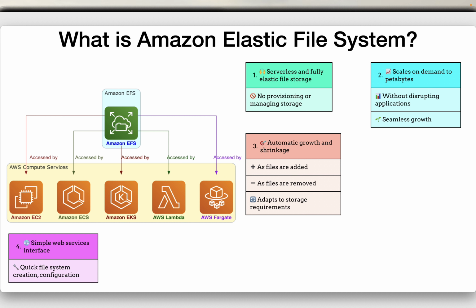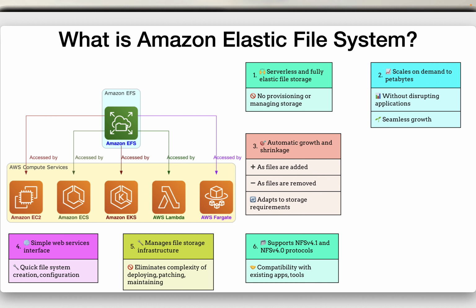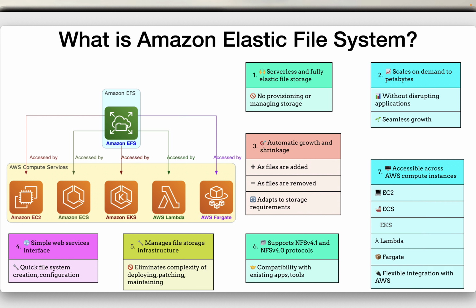With a simple web service interface, Amazon EFS allows you to create and configure file systems quickly and easily. EFS manages all the file storage infrastructure for you, eliminating the complexity of deploying, patching, and maintaining complex file system configurations. Amazon EFS supports Network File System version 4, NFS 4.1 and NFS 4.0 protocols, ensuring compatibility with your existing applications and tools.